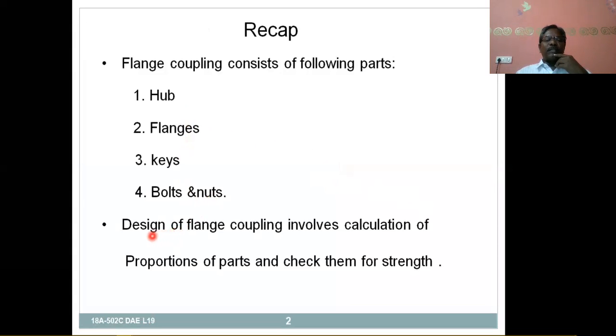And also we have discussed in the previous lesson that design of flange coupling involves calculation of proportions of all the parts, that is hub, flange, keys and bolts, etc., and checking their strength under the given load conditions, right? So this is the previous discussion we have completed, and also we completed one problem also.